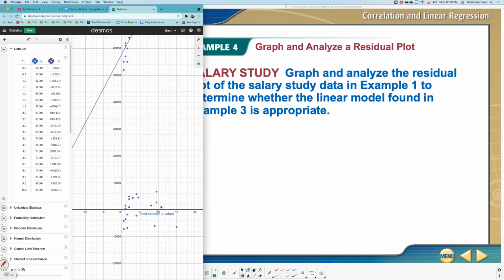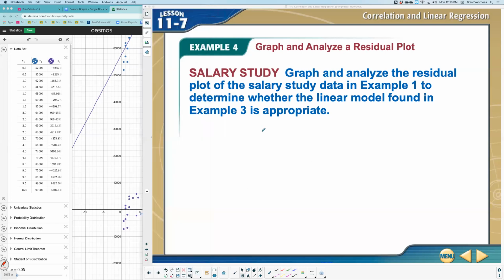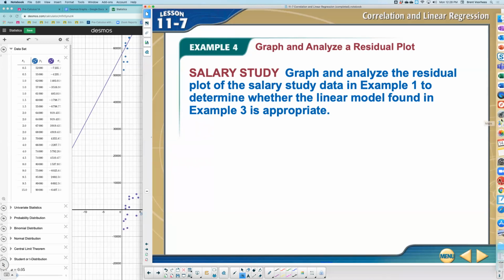What you would want, if it was perfectly accurate, is every single point on the x-axis here. But because they're scattered pretty evenly, this represents a very appropriate model.